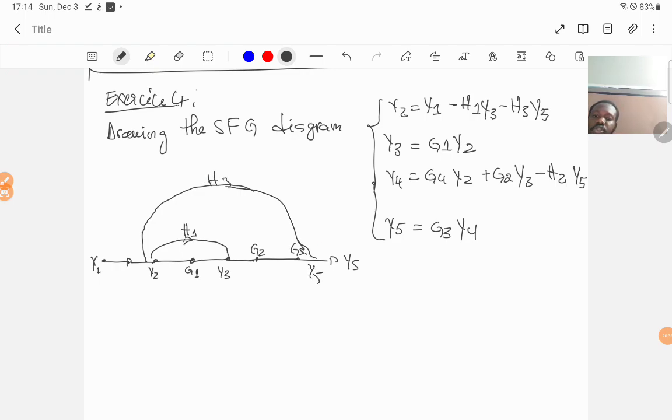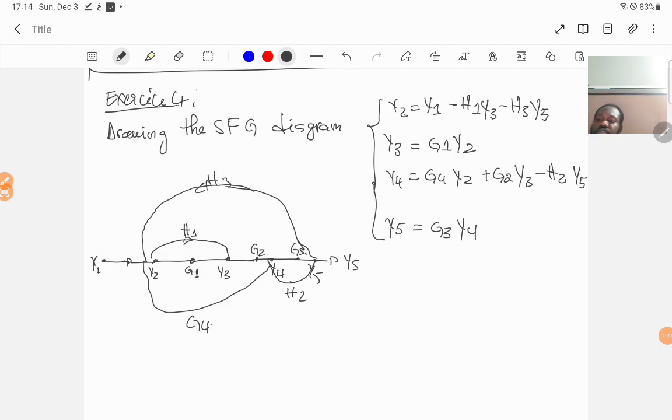This will be h3 reversible, and g4 is between those. Yes, y4, sorry, that will be g4. And between y4 and y5 we have h2 also.